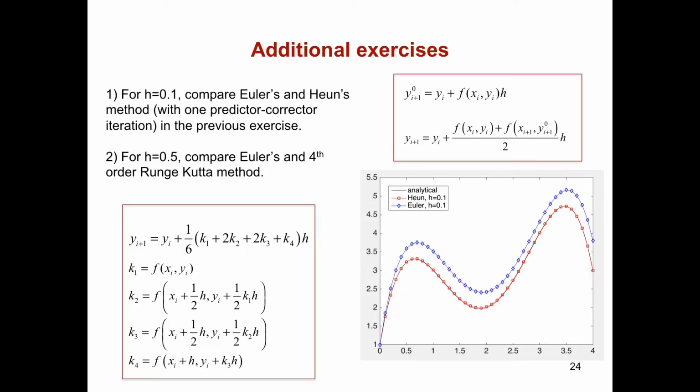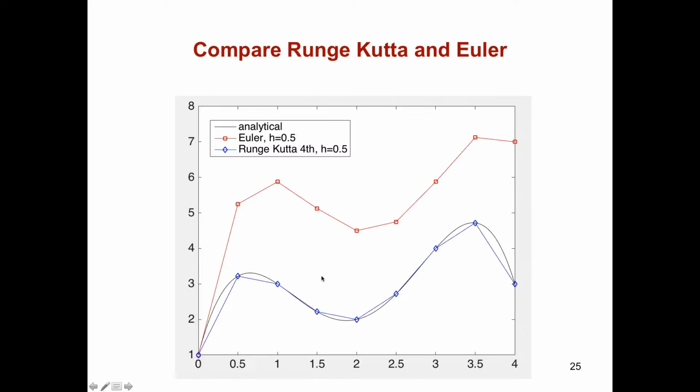Basically, Heun is right on top of the analytical solution, as you can see. And the same will happen for Runge-Kutta fourth order with h is 0.5. It will be much, much better than Euler. Okay, so I want you to make that comparison.